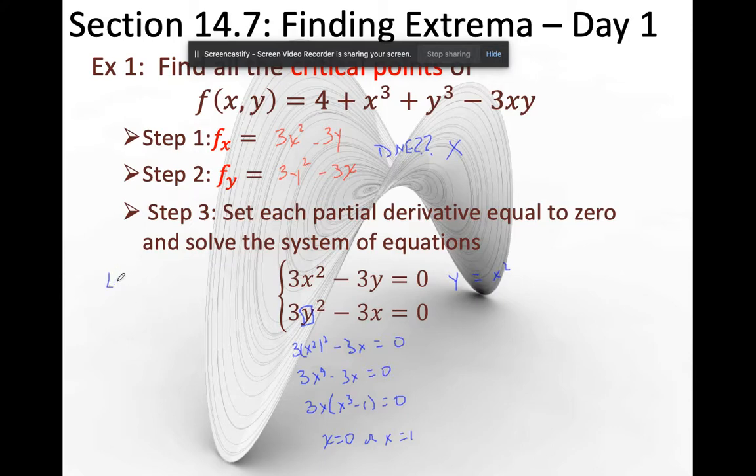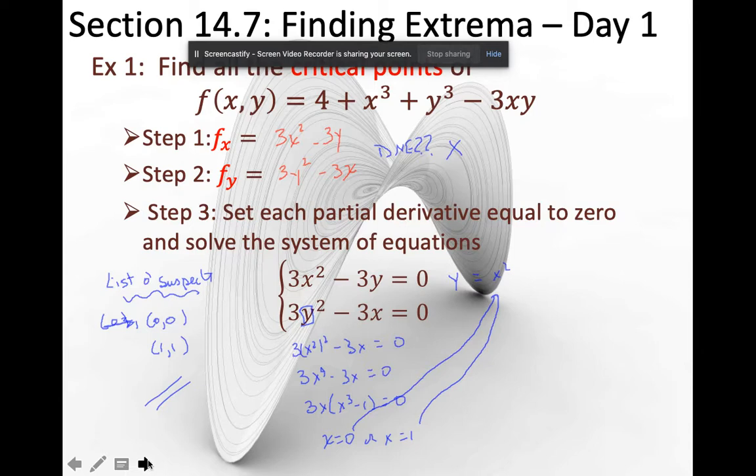So in my list of suspects, my critical points, is when x is equal to 0 and x is equal to 1. How do I find y? Well, when x is equal to 1, y is x squared. When x is equal to 0, y is equal to 0 squared, right? Done and done. That's all they wanted, was a list of critical points. Gave it to them.